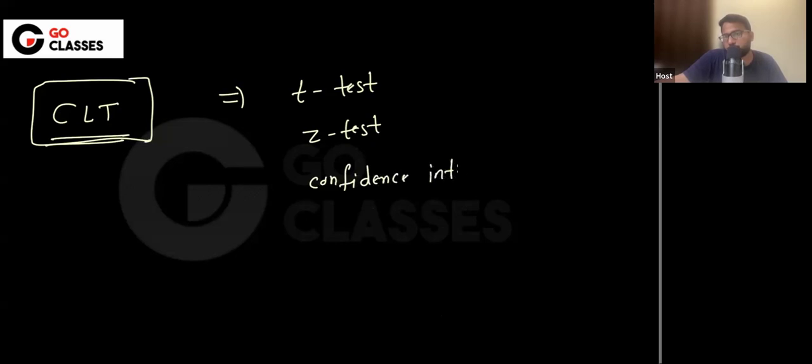Then we will move to the t test, z test, confidence interval, and these things. It will take, I think, 5-6 more days to finish these 2-3 topics, and then we will be all set to finish this subject itself.